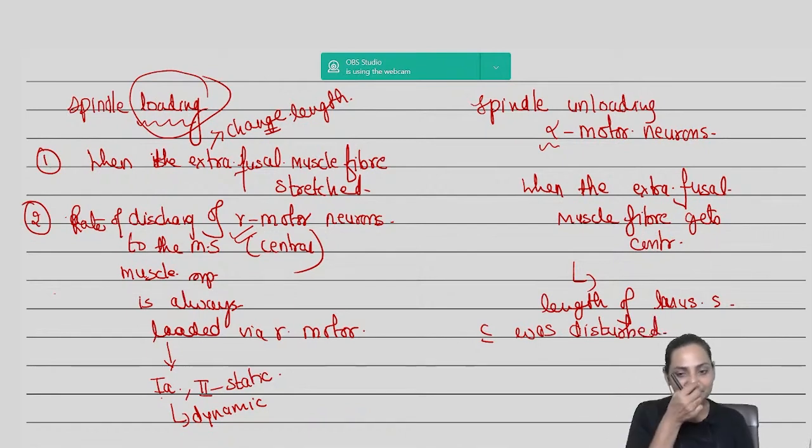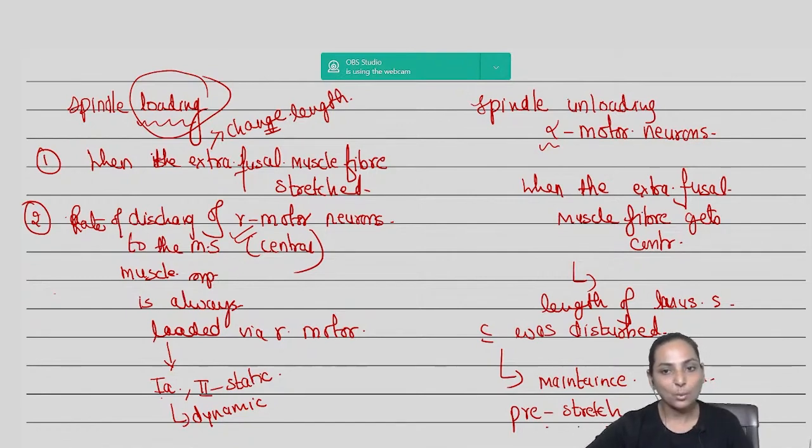We elicited the reflex and we changed the length of the muscle spindle. But then because the extrafusal muscle fiber contracted, there is again going to be the maintenance of the length of the muscle spindle. So when the muscle spindle comes back to its original length, meaning pre-stretch length, it is called the spindle unloading, right?